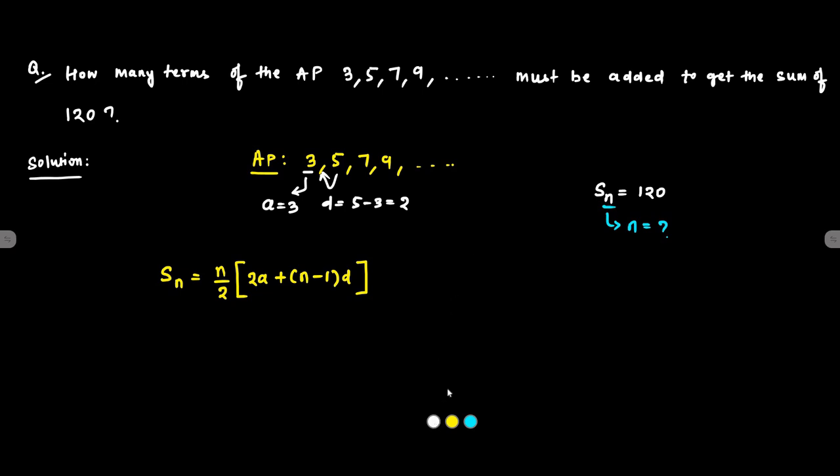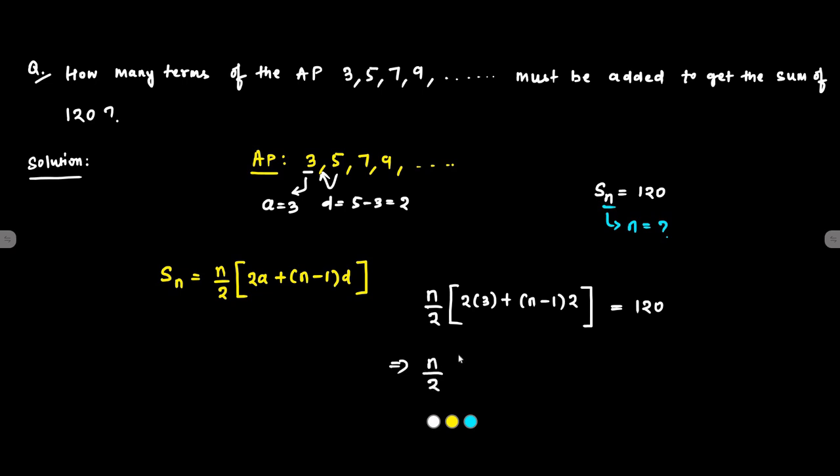So here we'll put the values. n is unknown, so n by 2 into 2a, that is 2 into 3, plus n minus 1 into d, which is equal to 2, that is equal to 120.